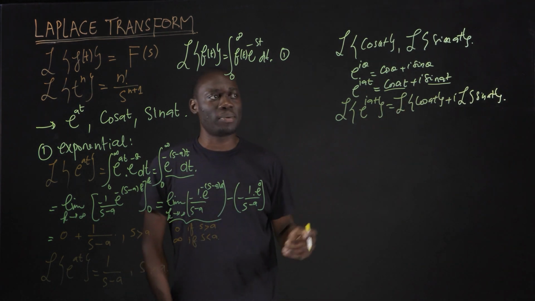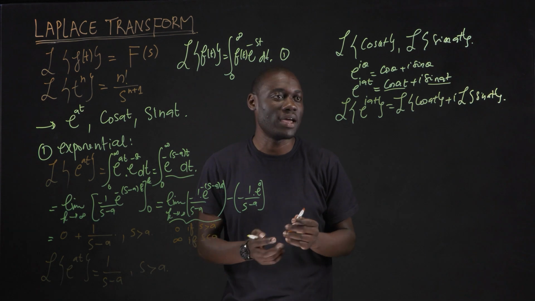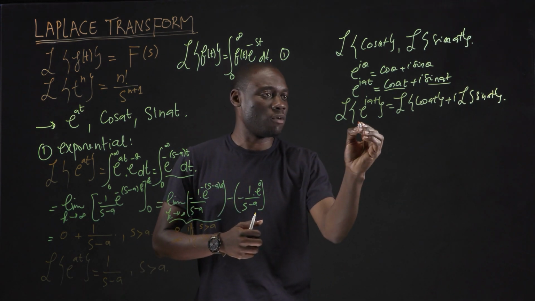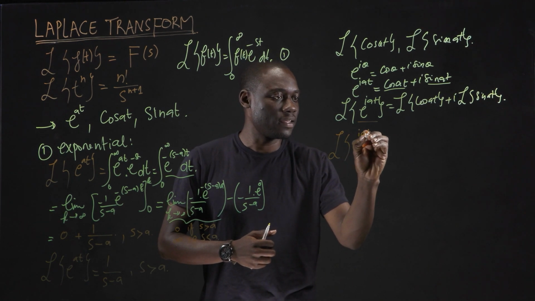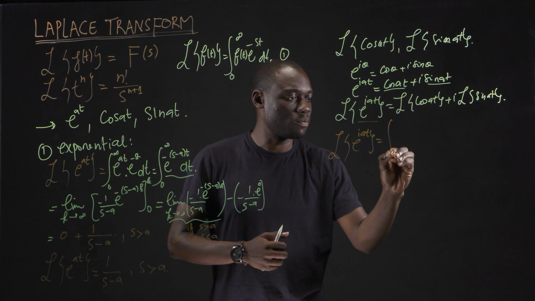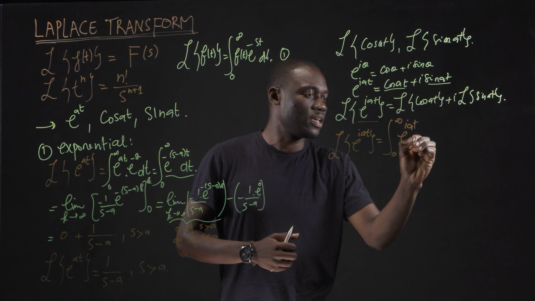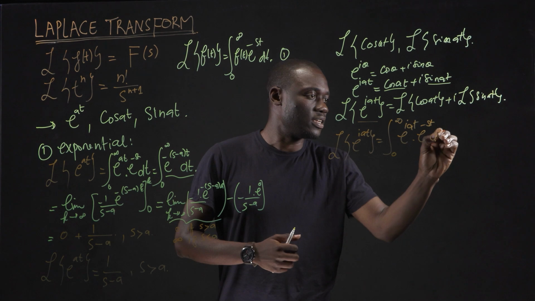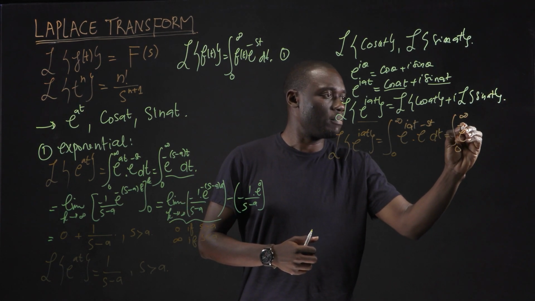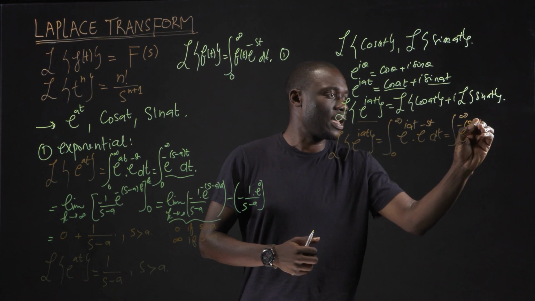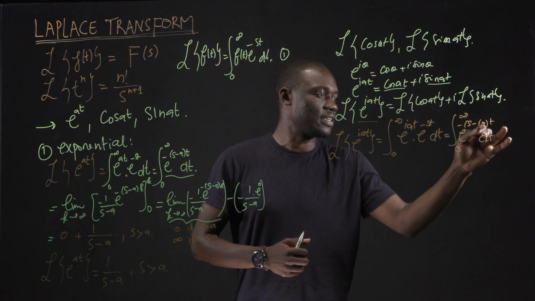We just apply the linearity property of the Laplace transform, so keep that in mind. Finding therefore the Laplace transform of this, we have that the Laplace transform of exponential iat equals the integral from 0 to infinity of exponential iat times exponential minus st dt, which is equal to the integral from 0 to infinity of exponential minus (s minus ia) t dt.